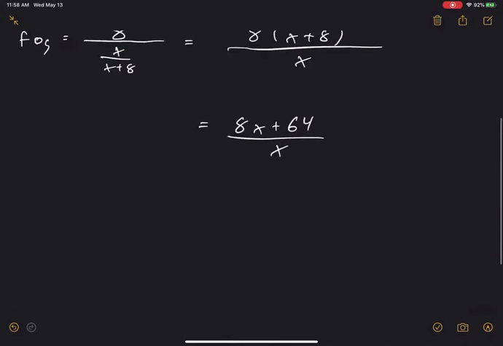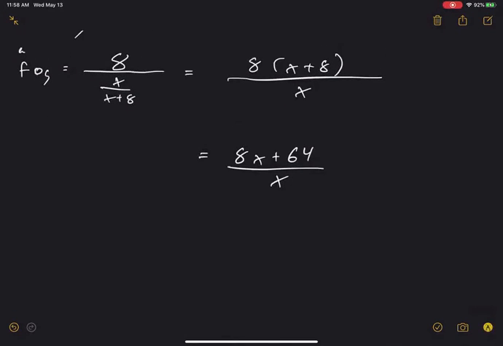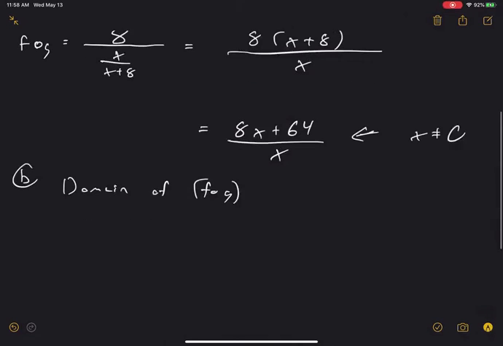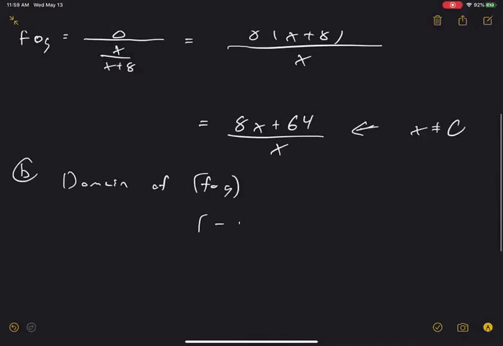So this is the first part of the question, we'll call that A. B is find the domain of f of g. You might be tempted to look at this f of g and just say, well, as long as x is not equal to 0, we're fine. So you might think that the domain would just be this. But this is actually incorrect.